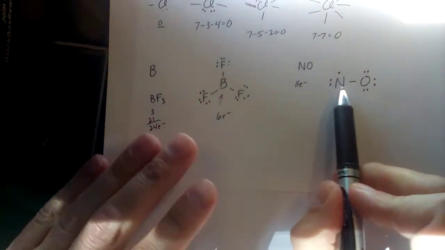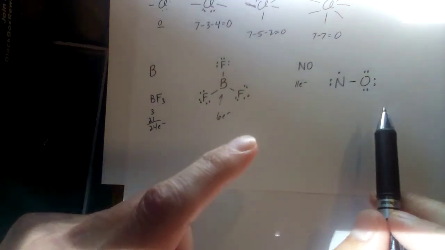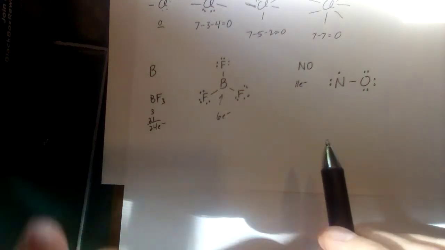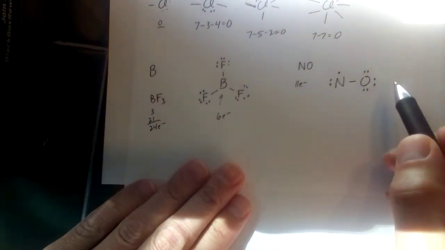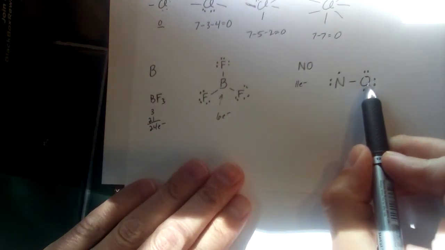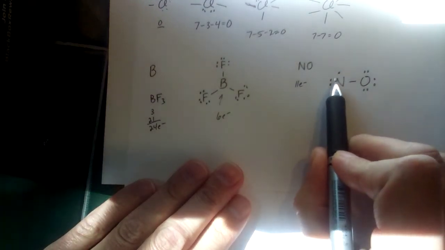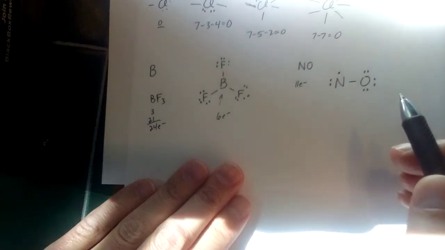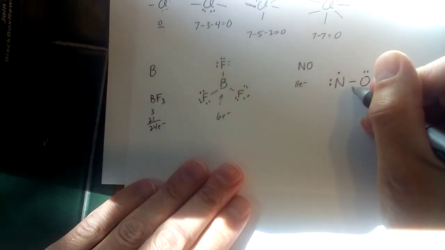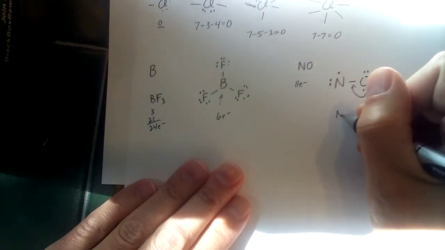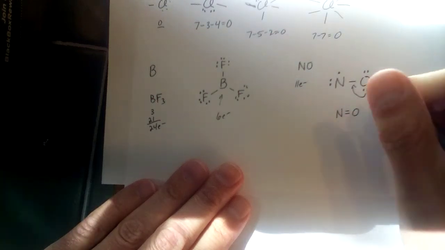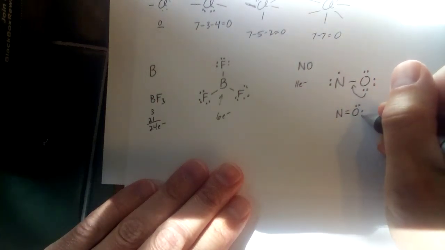Okay, so in this case, what we want to do is try to get as close as we can to satisfying the octet rule and having 0 formal charges. So I've got an octet on my oxygen here, but I'm shy of an octet on the nitrogen. I've only got 5. So I can't get to 8, but I can get closer if I make a double bond here. So if I make a double bond, I get this structure, 2 pairs left on the oxygen.